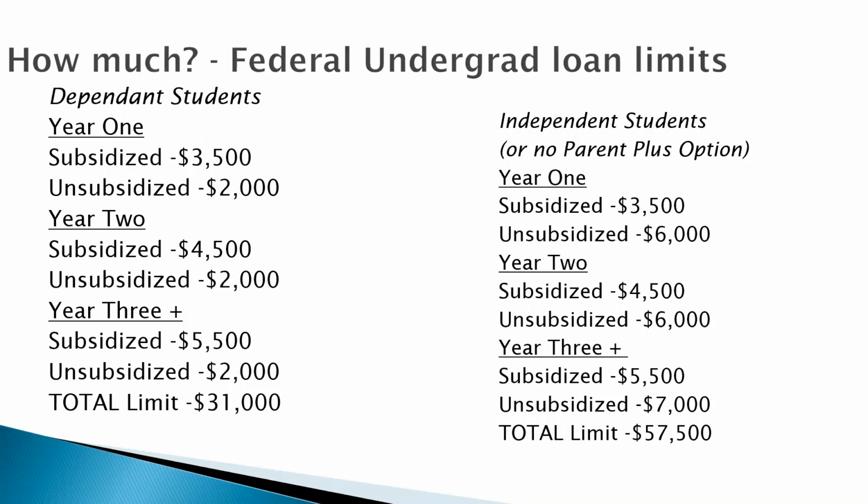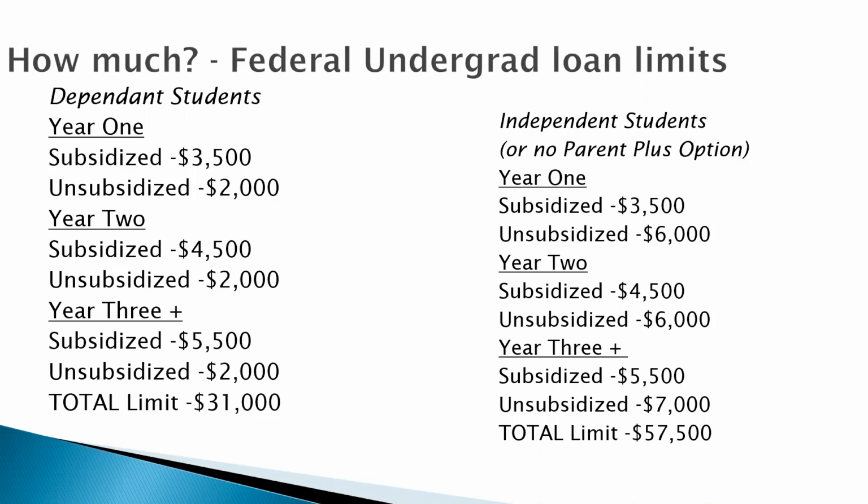Yes, so, it's great. I want to make sure that you understand there are limits on the amount of loans that you can get each year. So on the left-hand side, you have dependent students. That's determined, again, when you complete your FAFSA, if you're a dependent or an independent student. And most of you will be dependent students. There's very certain circumstances where you are determined as an independent. So for dependent students, the maximum amount that you can receive year one is capped for subsidized loans at $3,500, and then you can see subsequently each year following, those rates do increase.